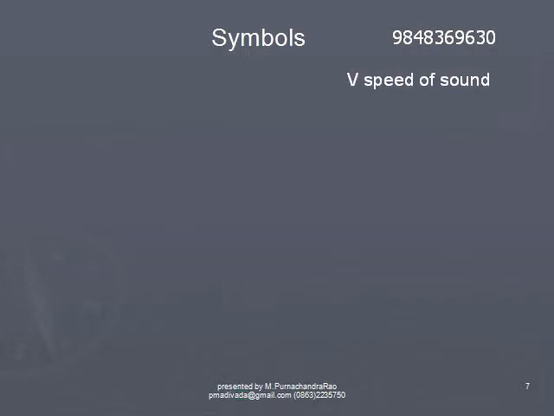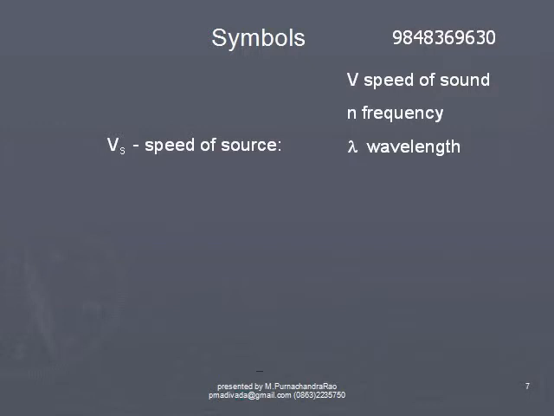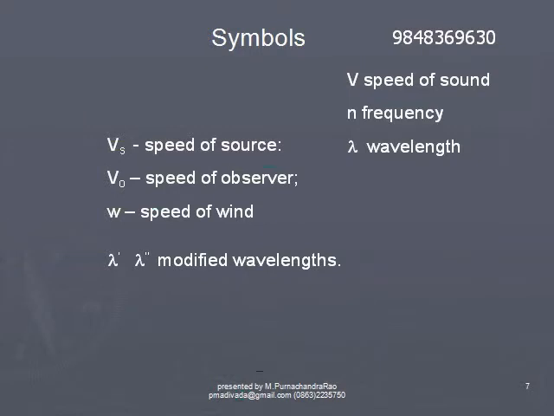The following symbols are used in Doppler effect. V stands for speed of sound, n stands for frequency of sound emitted by the source, and lambda the wavelength of the sound wave. Vs is used to symbolize the speed of source, Vo the speed of observer, and W the speed of wind.